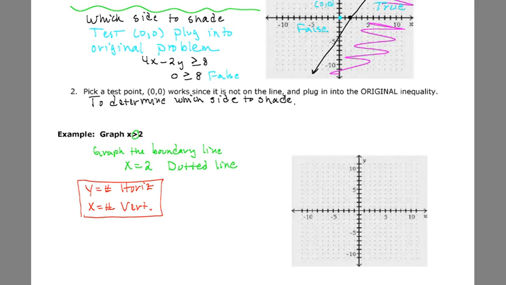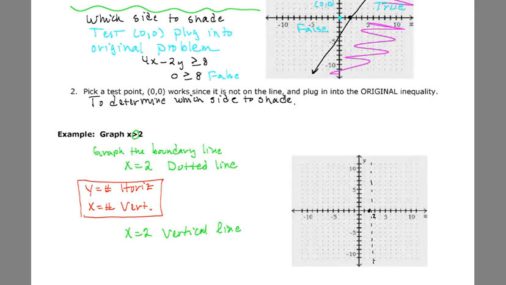X equal to 2 is just going to be a vertical line. So I don't need any extra points to plot. All I need to do is graph a vertical line at the number 2. So there's 2. I'll graph a vertical line, but remember it's a dotted line. So make sure when you mark your line, you mark it as a dotted or dashed line.